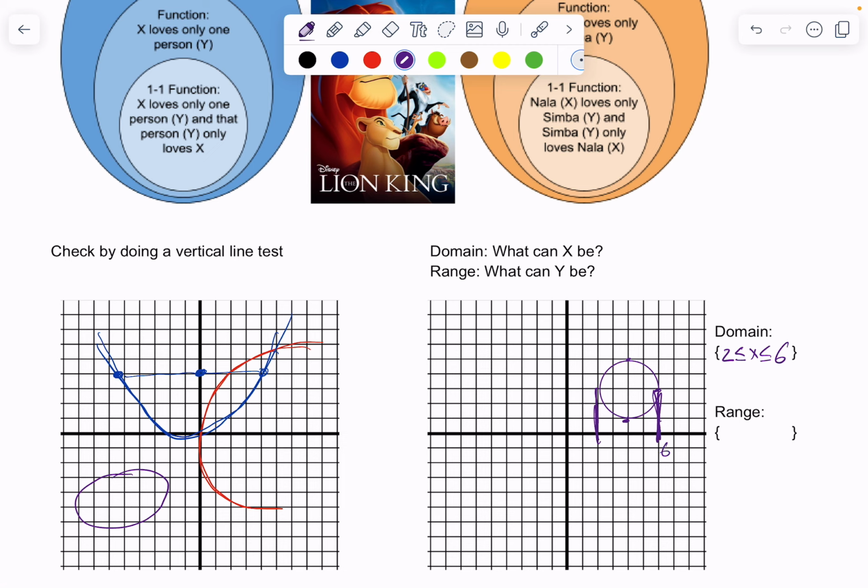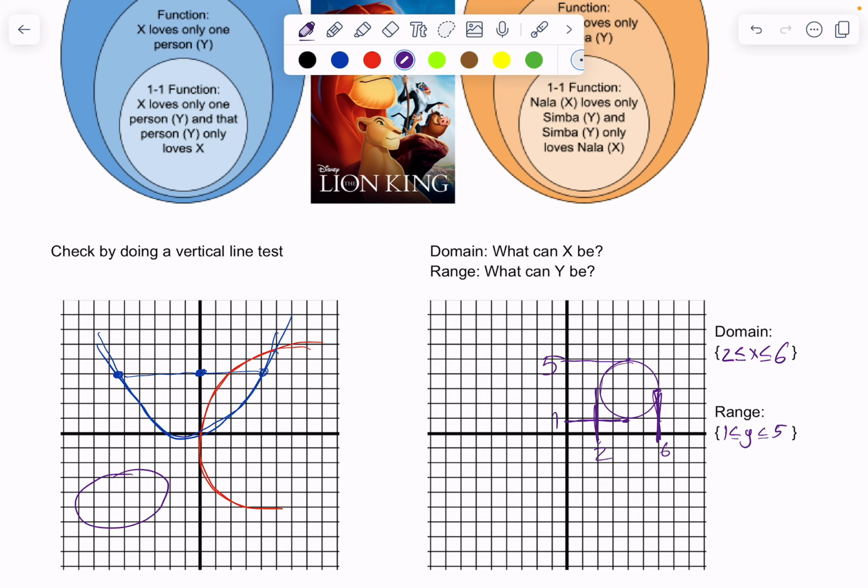For my range, I'm looking at what y can be, which is 1 to 5. So 1 ≤ y ≤ 5. It can only go up to here, can't go here. By just looking at it, this circle only goes in this area, that loop.